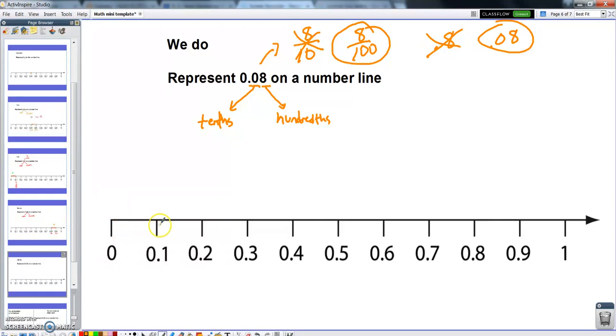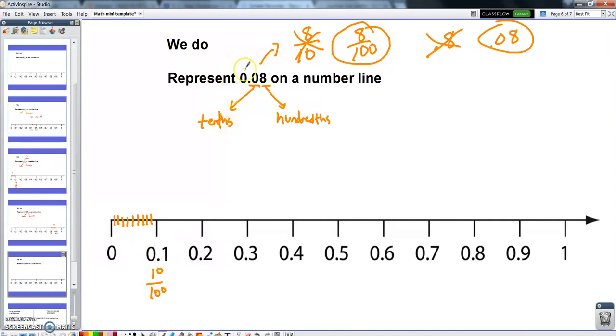So I'm not even going to go over to 1/10. This is 1/10, which is 10 100ths. I'm not even going to go that far. So I've got to partition my very first section because I'm not even going to get to 10 hundredths. 1/100th, 2, 3, 4, 5, 6, 7, 8, 9, 10 100ths.